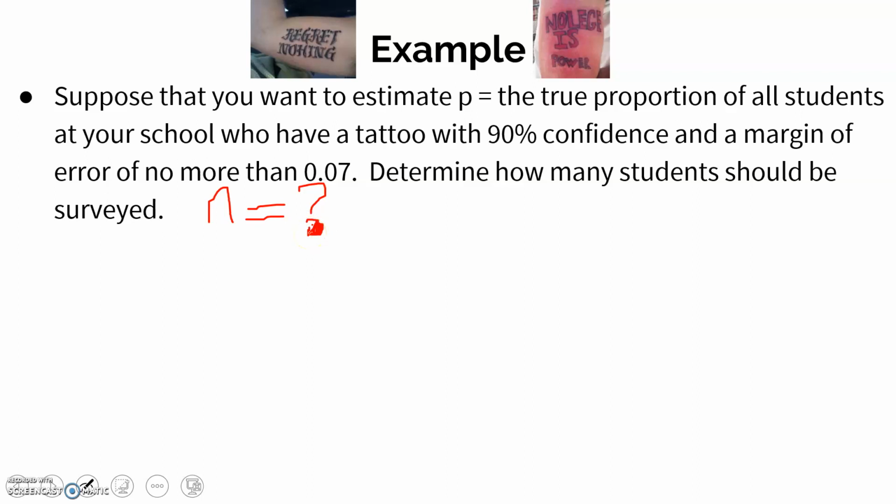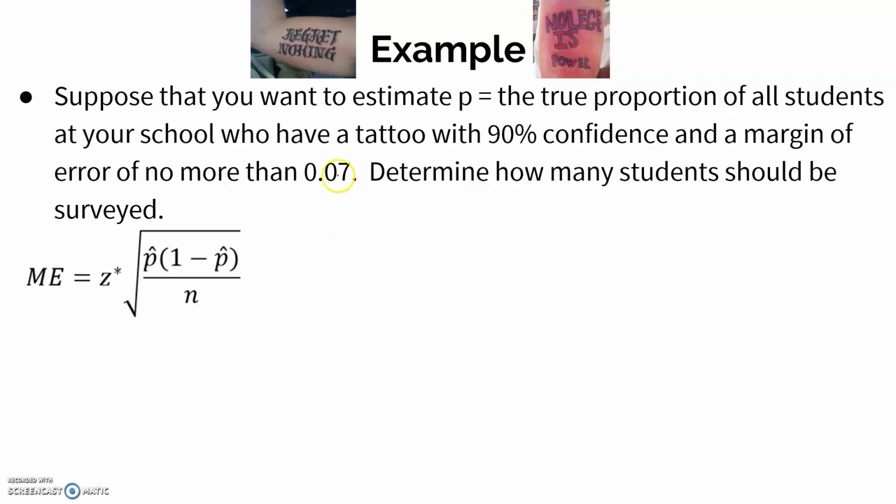All right, so you're going to start the problem off with this part of the confidence interval calculation, just that margin of error. It's just that portion, your Z star times your standard error. And we're going to substitute 0.07 for our ME. We're going to get our Z star from 90%.